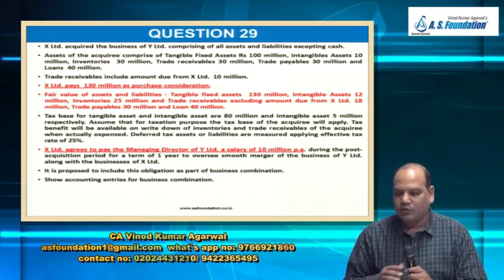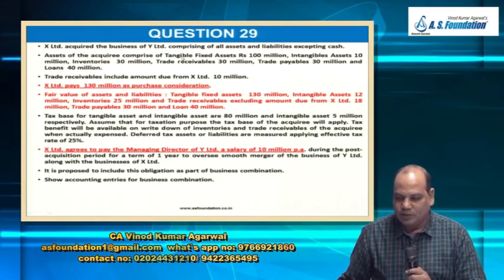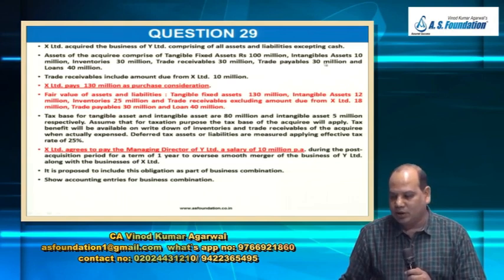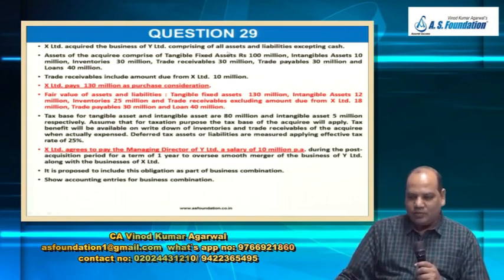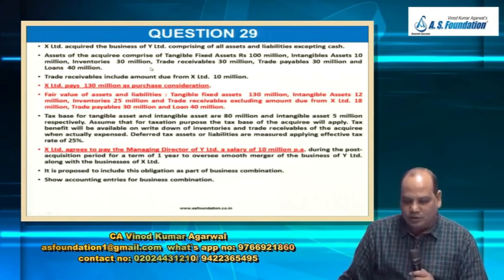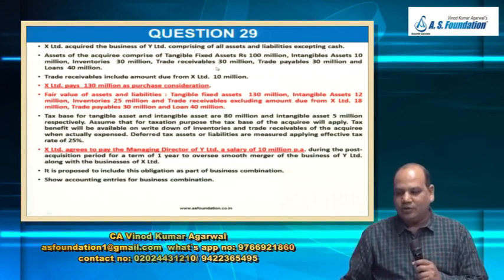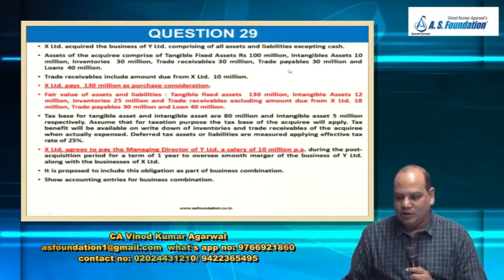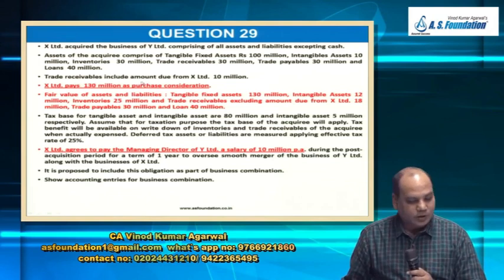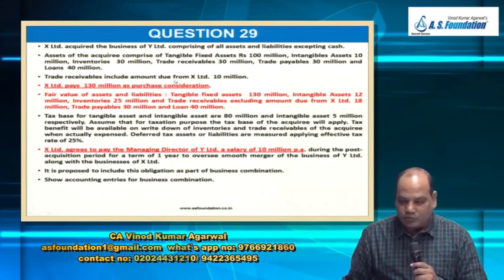Assets of the acquiree comprise of tangible fixed asset 100 million, intangible asset 10 million, inventory 30 million, trade receivable 30 million, trade payable 30 million, loan 40 million. Underline, trade receivable include an amount of rupees 10 million due from X Limited.